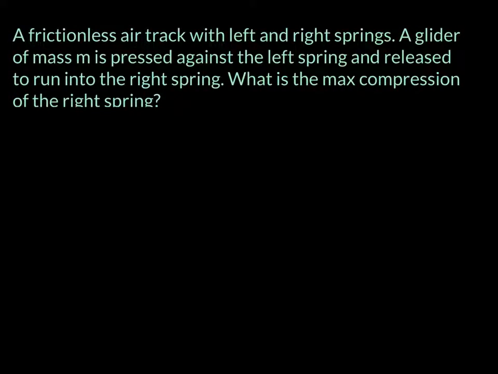One more problem. Frictionless air track. So let's draw a frictionless air track that matches this problem. Here's an air track with some things on the end. Here's a spring, and here's a spring. And we're going to bring a box into this mix.